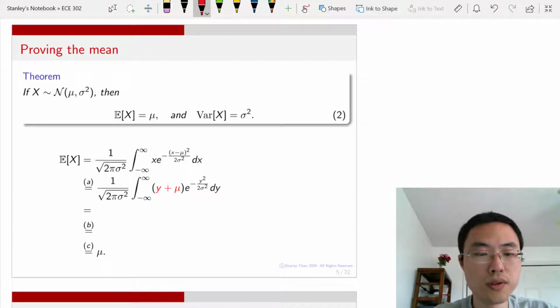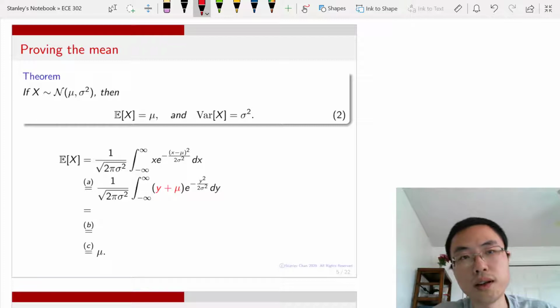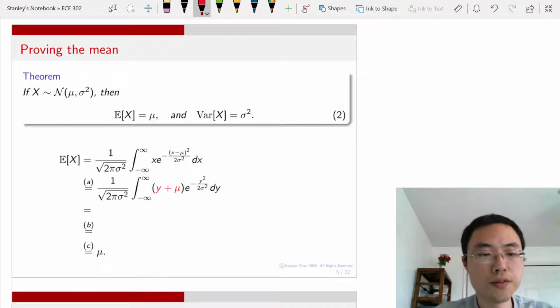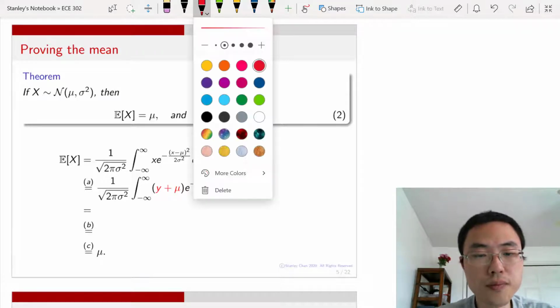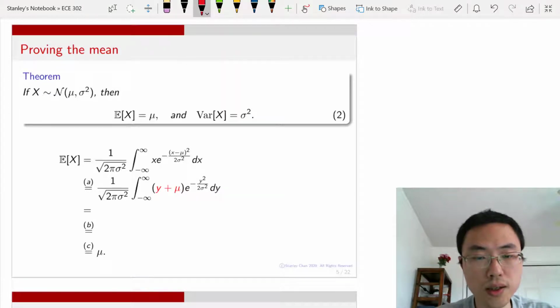The temptation is to do this integration by parts, but if we apply some tricks here, we can bypass this step. What we can do is define a new variable y, where y equals x minus mu.